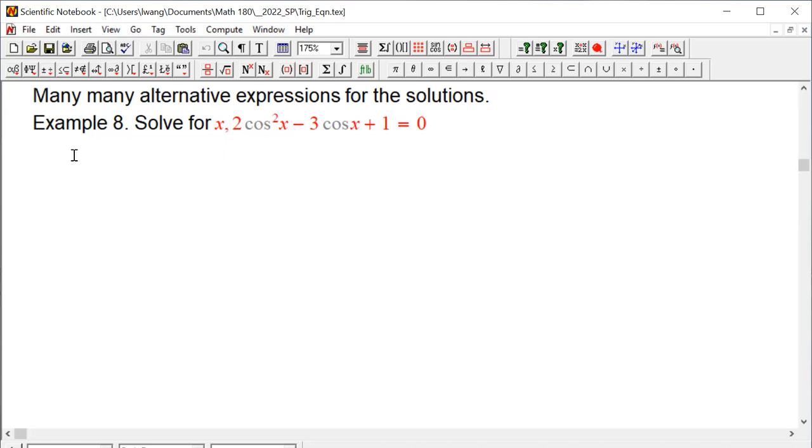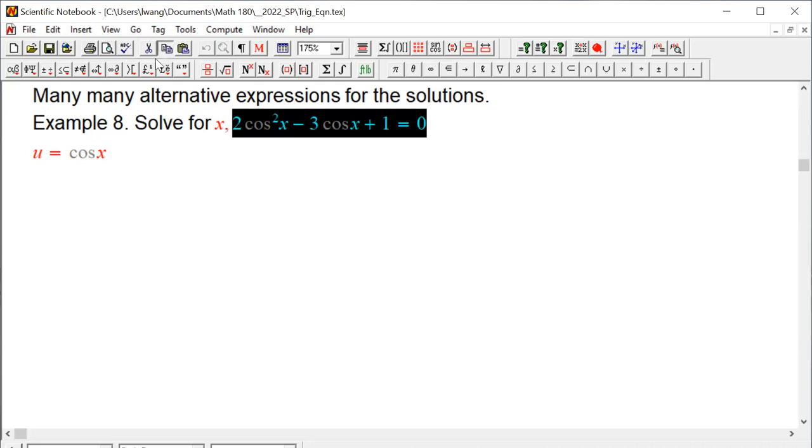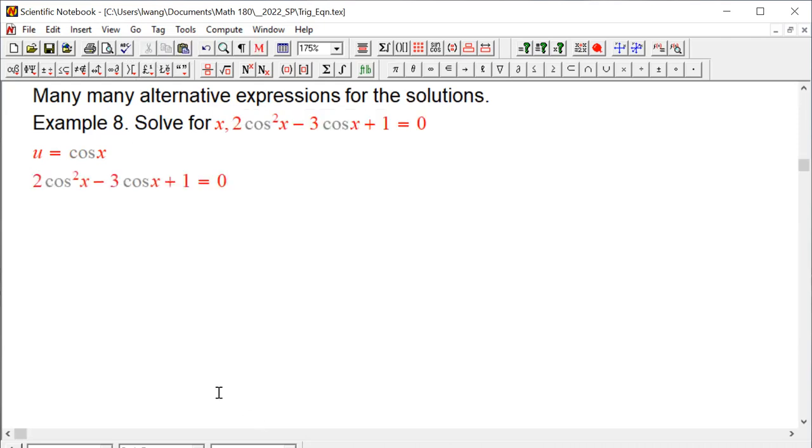So factoring will be the next consideration. To factor, you can introduce a variable explicitly or not. For example, if I introduce it, then my equation will turn into a quadratic equation. With a quadratic equation, we know how to solve it, right?